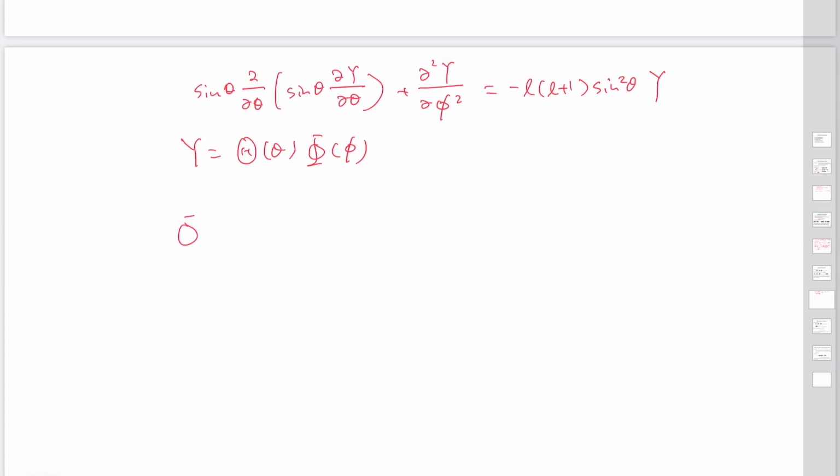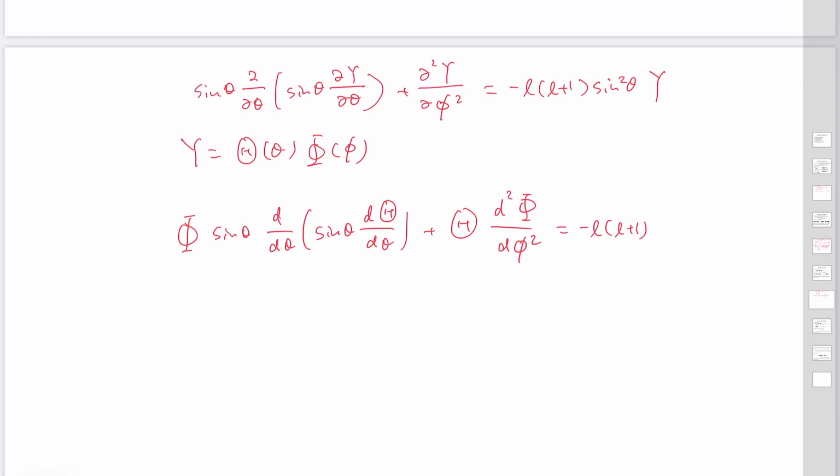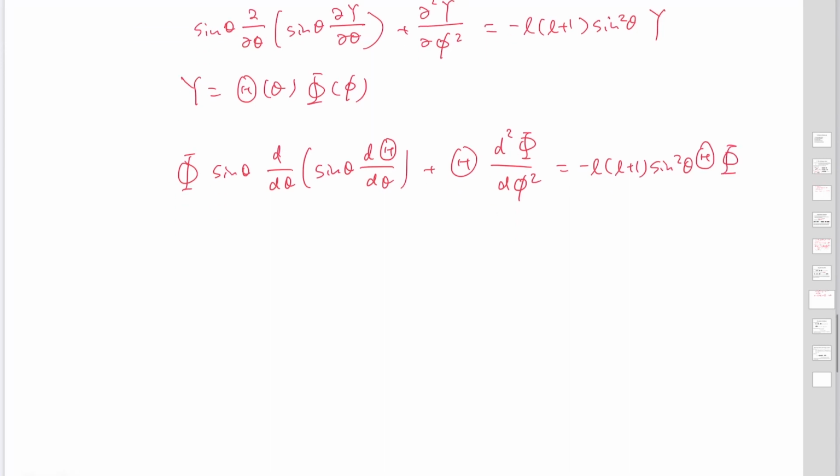So it becomes Phi sine theta d theta sine theta d theta plus capital Theta second derivative equals minus L times L plus 1 sine square theta Theta Phi.